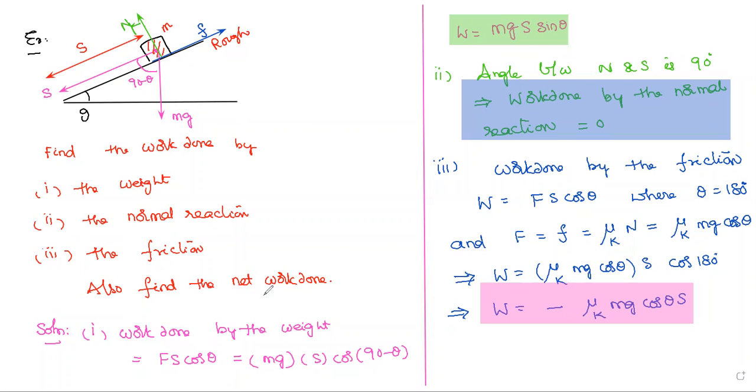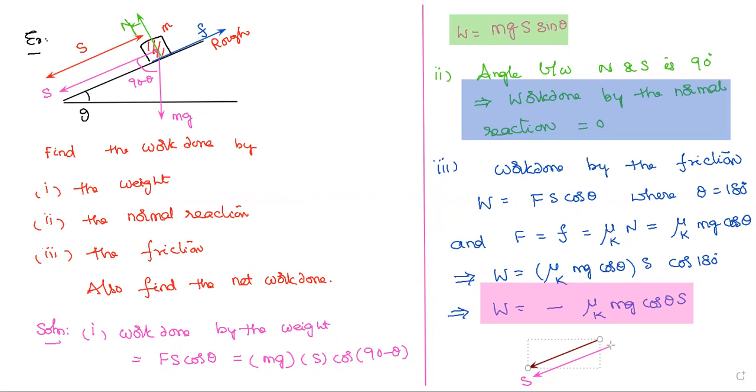Next, what he is asking: find the net work done. Net work done means in the direction of displacement. This is the direction of displacement. In the direction of displacement, what are the forces acting? This is one force, mg sin theta. If I resolve mg into two components, this is mg sin theta, and mg cos theta will be perpendicular.